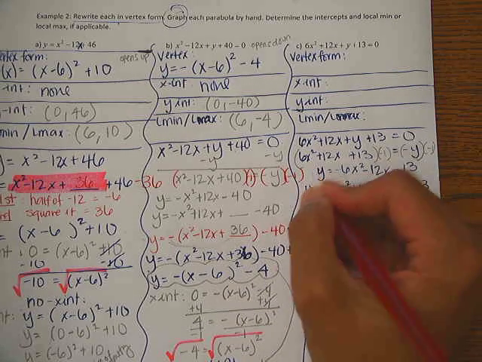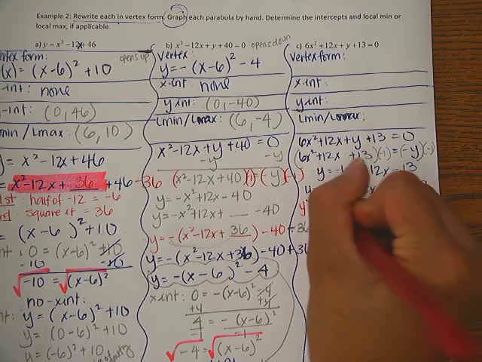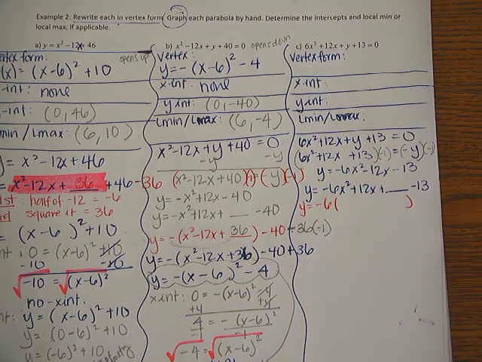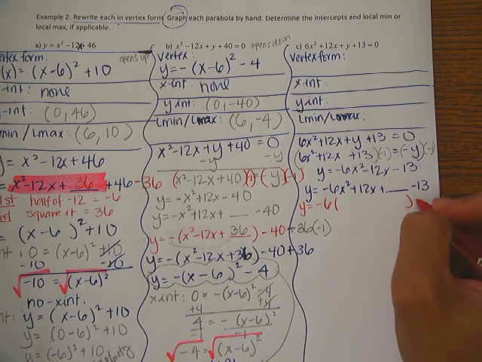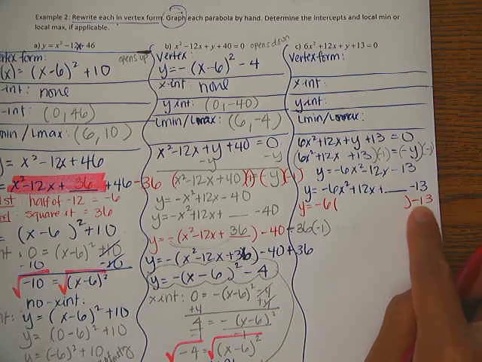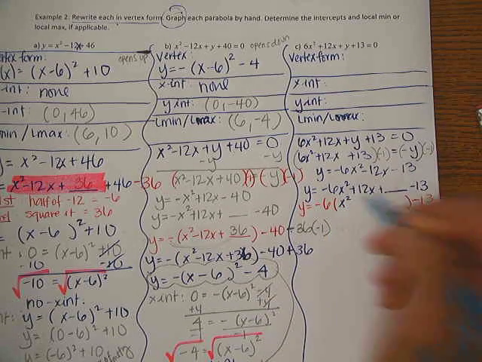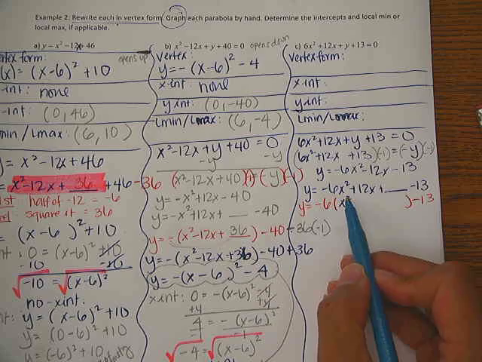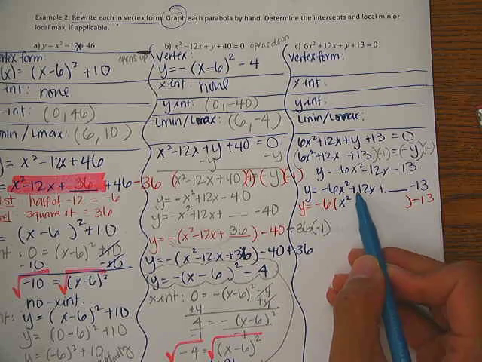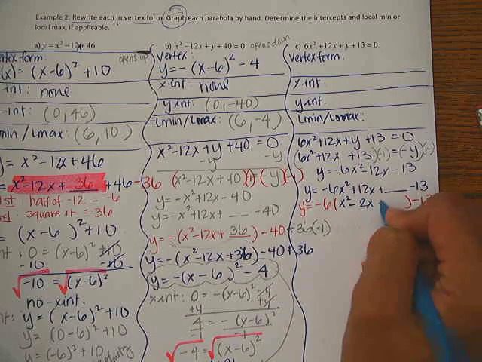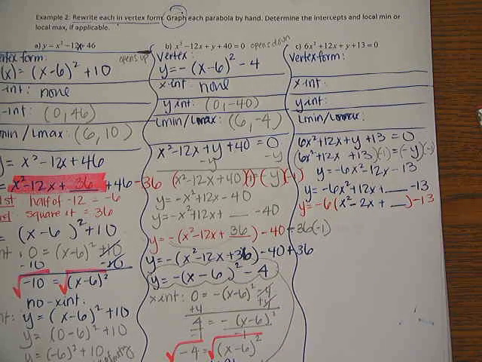Okay, so y equals negative 6, and only factor it out from these two terms. So I'm still bringing this minus 13 straight down. I'm not doing anything to it. I'm not taking the negative 6 out of the negative 13. So if I did that, I have positive x squared. Be careful. If you are dividing positive 12x by a negative 6, I'm going to end up with a negative 2x, and give myself a blank line so we can fill it in. Okay.